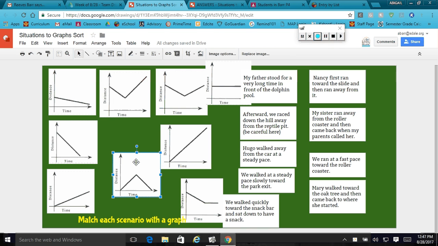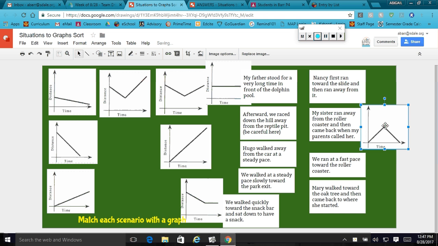So which one does it actually go with? My sister ran away from the roller coaster and then came back when my parents called her. So distance is increasing first. She runs away, and then she runs towards her parents again. So distance increases, then distance decreases.